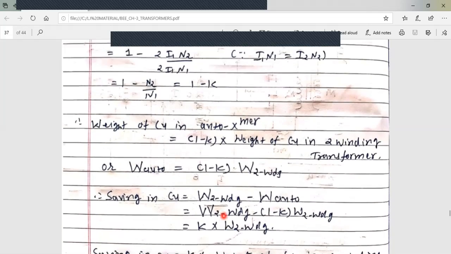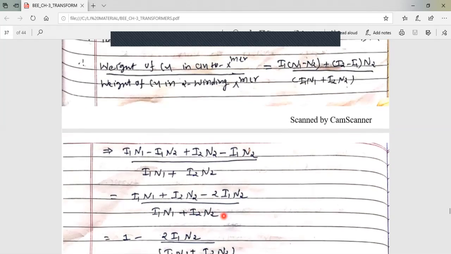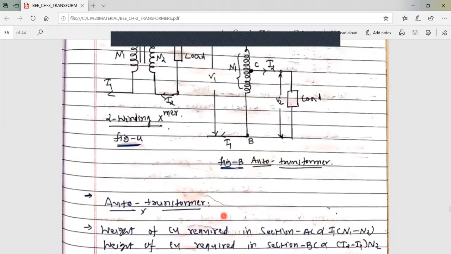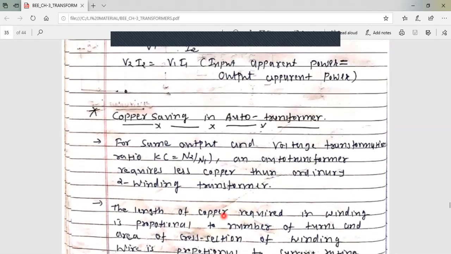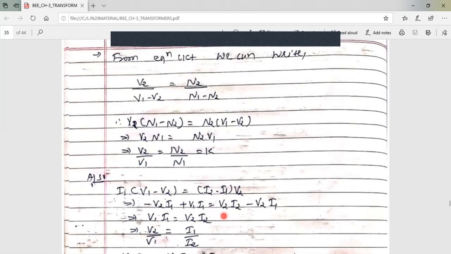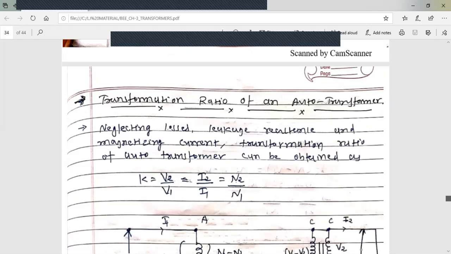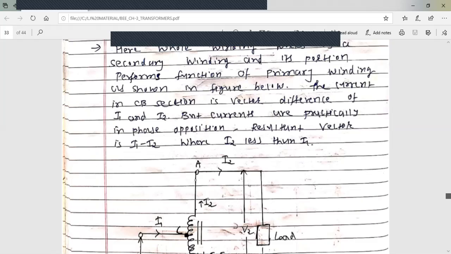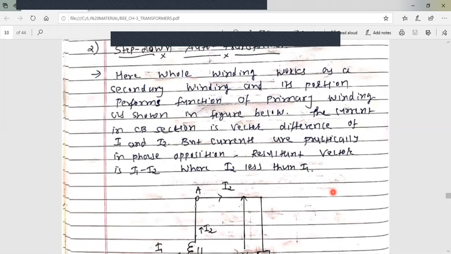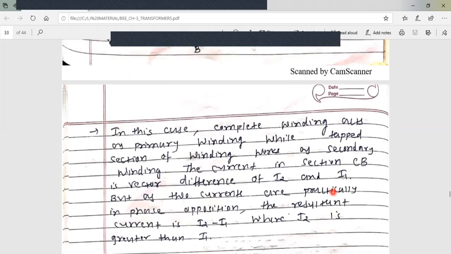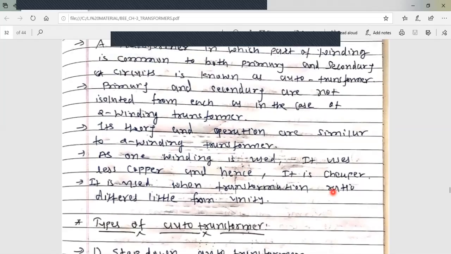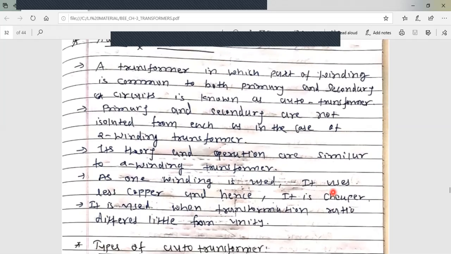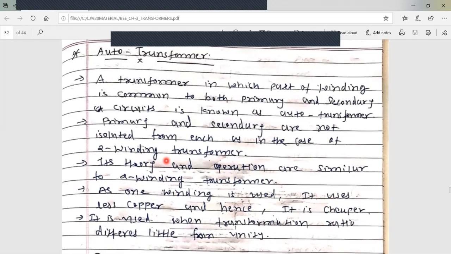Again, I revise some important topics of this lecture. First of all, we know that an auto transformer has only one winding. See here, I have written the first sentence, from where we started the lecture.